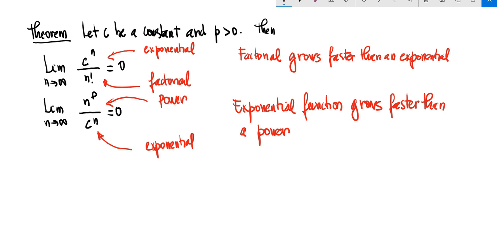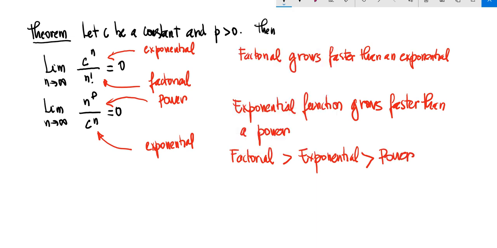So again, to summarize, a factorial outgrows an exponential, and an exponential outgrows a power.